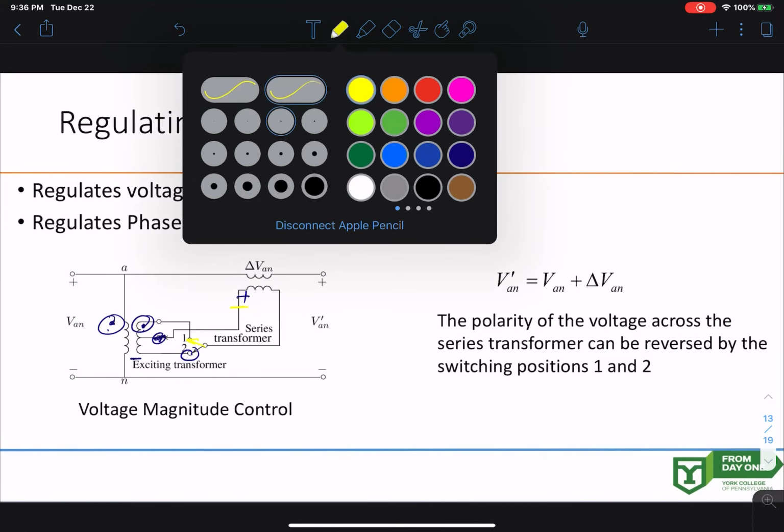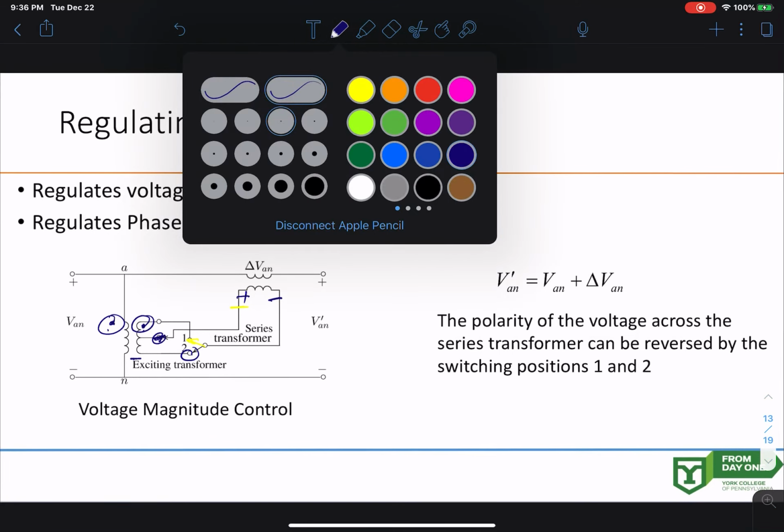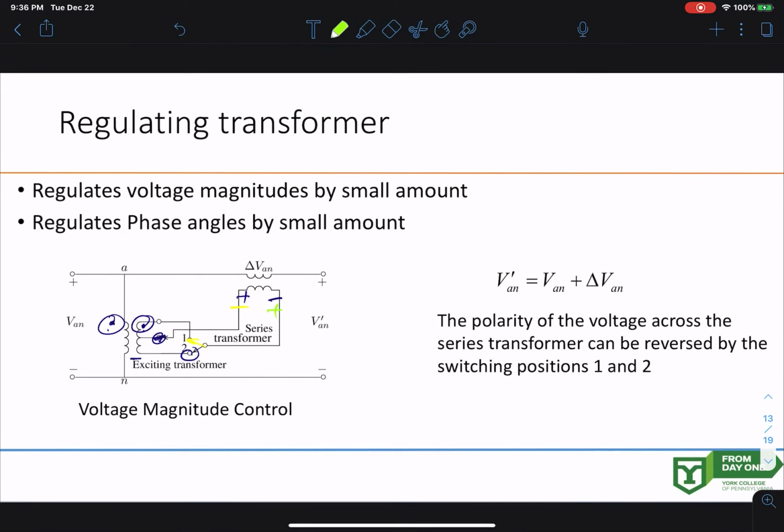It was negative before, now it will become positive here. So the polarity changes when you change these two switches. That means at the end, if you add them over here, you can add or subtract this amount of voltage, because this is the voltage induced on the other side.